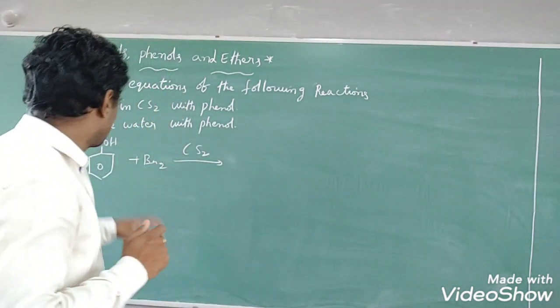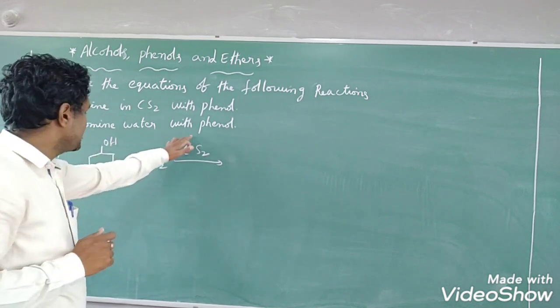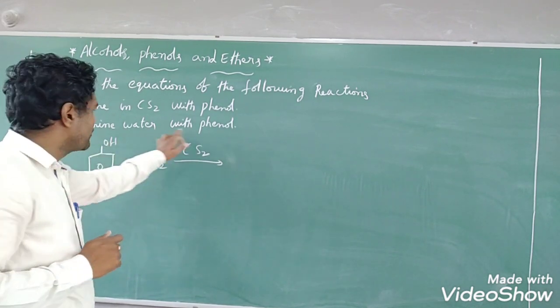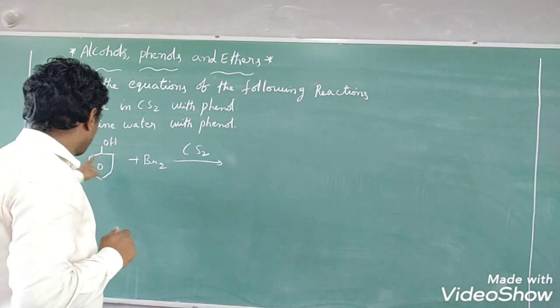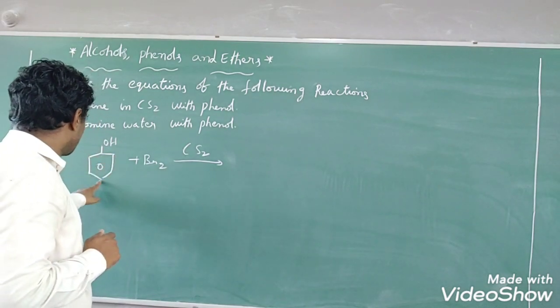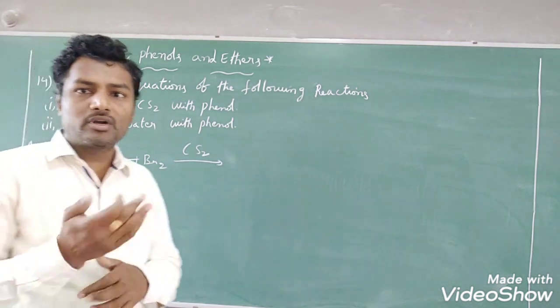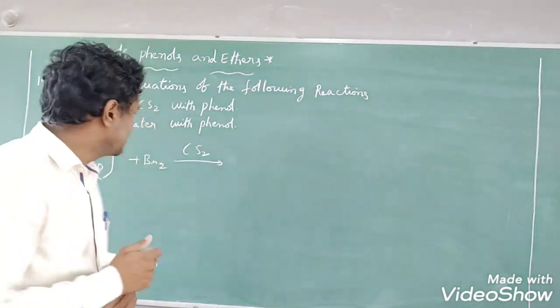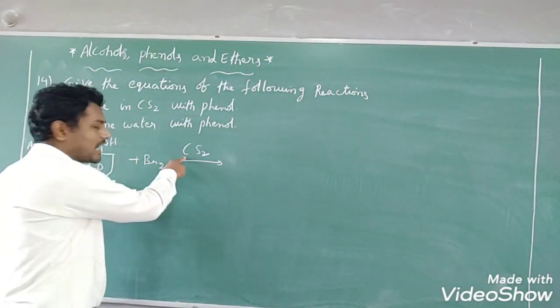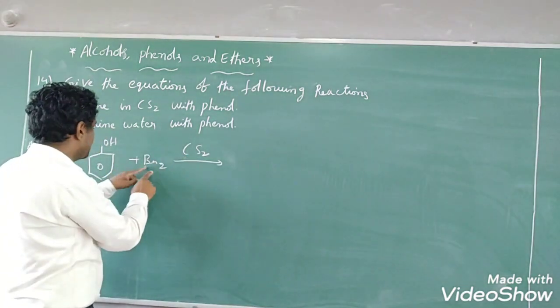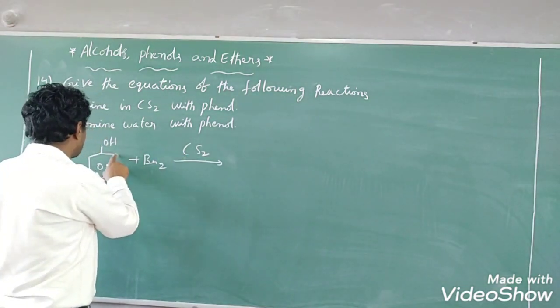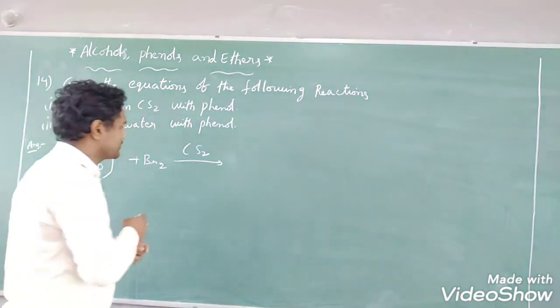Or else, in the second case, they didn't use any reagent, they just added bromine water with phenol. Then electrophilic substitution takes place at all possible positions, and the bromonium ion will attack, right? So now here we have used carbon disulfide, so that's why the bromine substitution will take place either at ortho or para position.